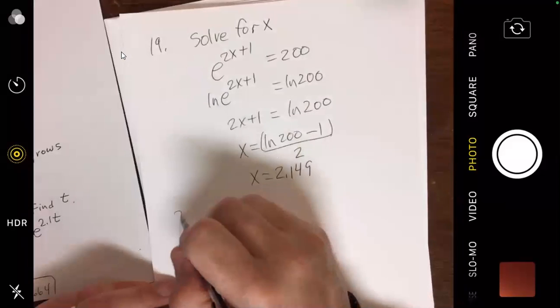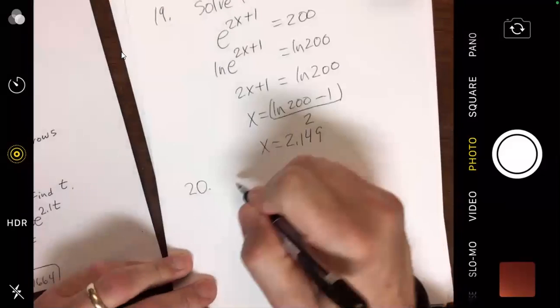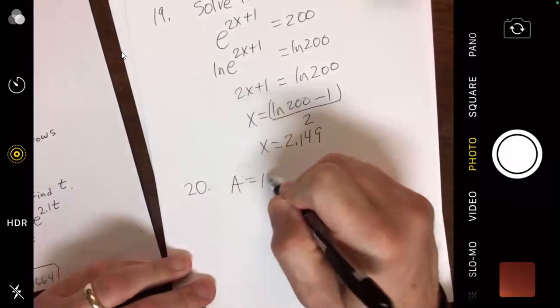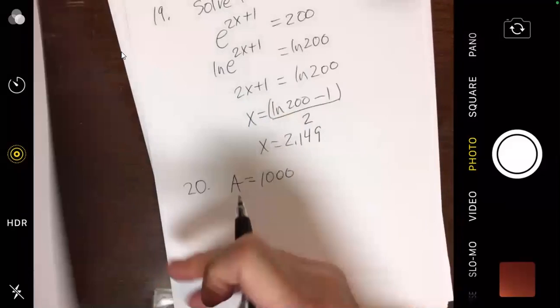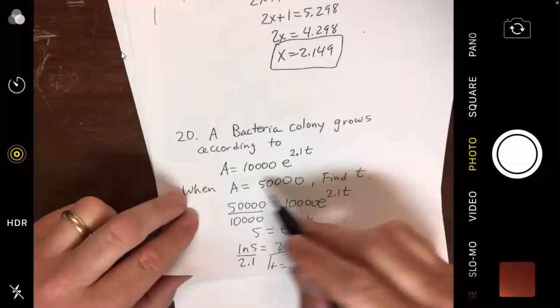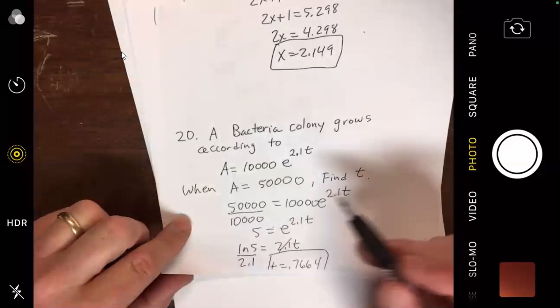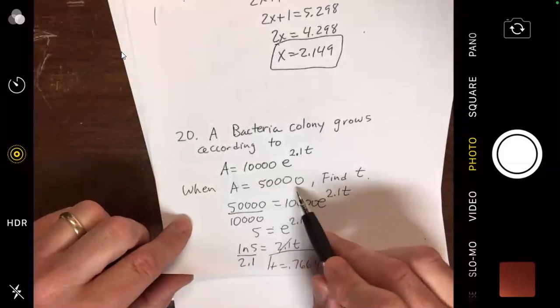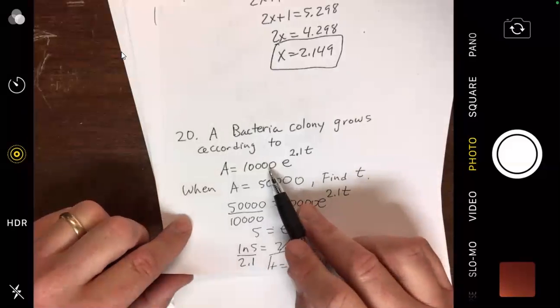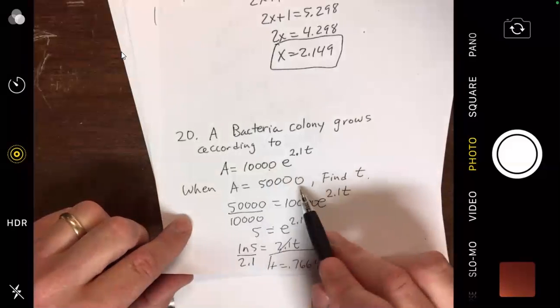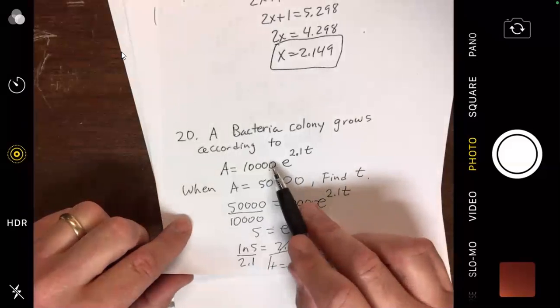And finally, number 20 is 10 thousand bacteria in a colony. According to this, when A is 50,000, in other words, it's 5 times bigger than the start amount, 5 times bigger than 10,000.